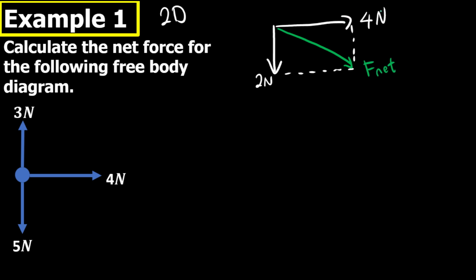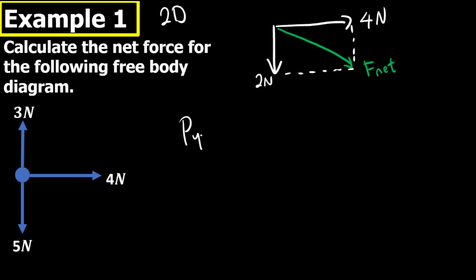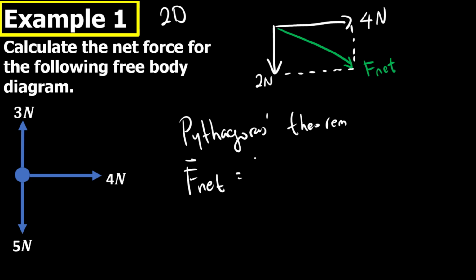So you can say that 4 is the F net in the x direction, and 2 is the F net in the y direction. Here you can use Pythagoras' theorem to say that my F net is going to be the square root of negative 2 N squared plus 4 N squared, square rooted.